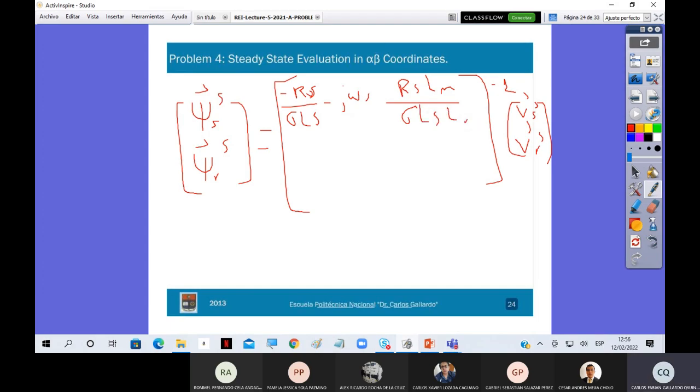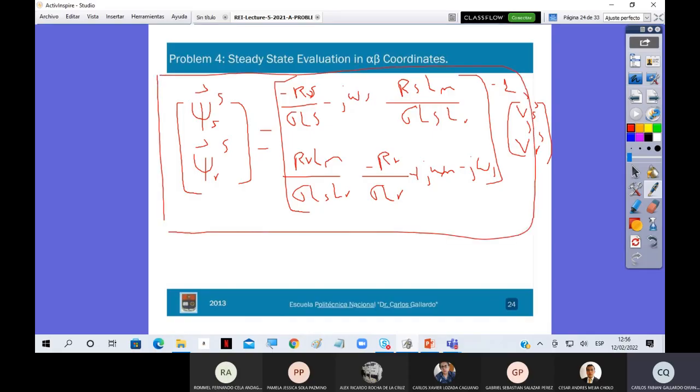This is the 1/2 element. I will have the rotor resistance, magnetizing inductance, the stator inductance, the rotor inductance, rotor resistance, the rotor inductance, minus the speed. Okay, so I have this. This is the final equation.